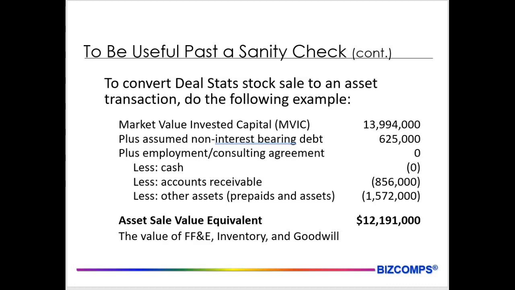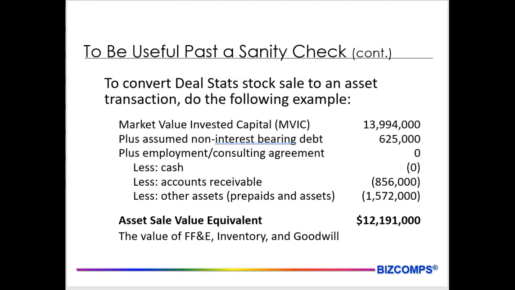First, you take the sales price, known in deal stats as the market value of invested capital. Take that sale price and then you add non-interest-bearing debt to it because that initial calculation is netted out. So you have to add back the debt to that initial sales price to get the total value. Then you reduce that value by deducting any cash, any accounts receivable, and any other assets other than equipment.